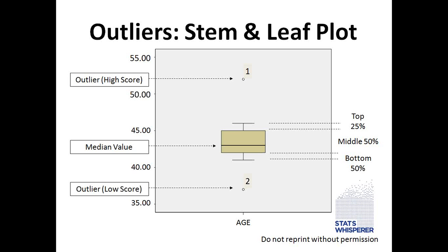The median value, you can see, is between 40 and 45. Then you have one outlier that's a high score way up there between 50 and 55, and another outlier that's a low score between 35 and 40. So stem and leaf tells us what the outliers are.